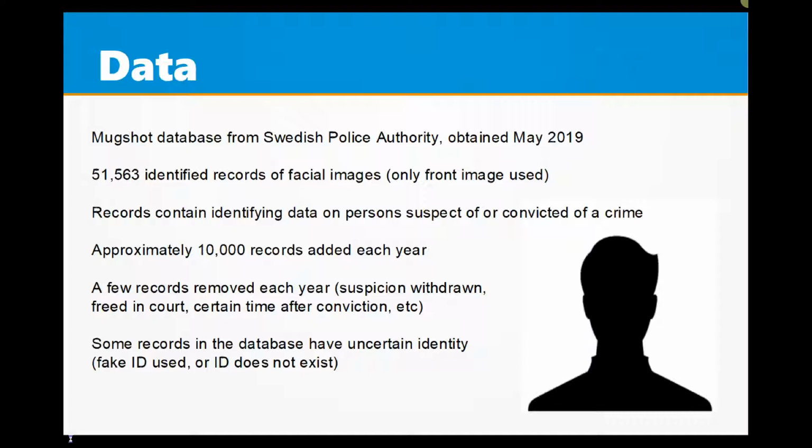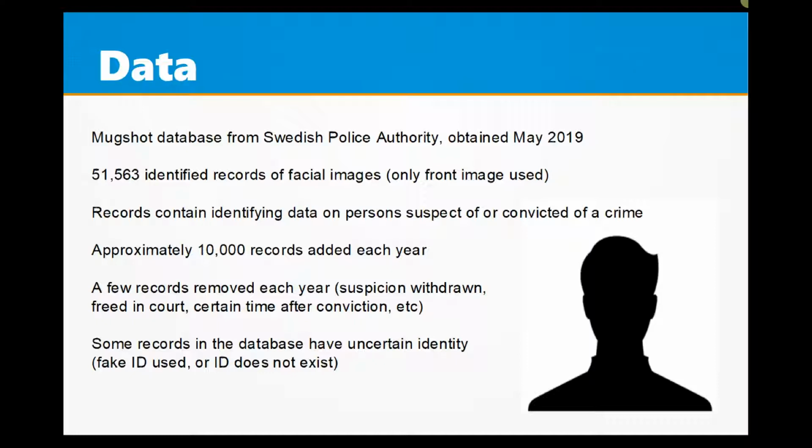Well, the best one we could find was a copy of the National Mugshot Database in Sweden. It contains records of identifying information and images of persons suspect of or convicted of a crime. At the time we obtained the copy, it contained roughly 50,000 records, and about 10,000 records are added to it each year.